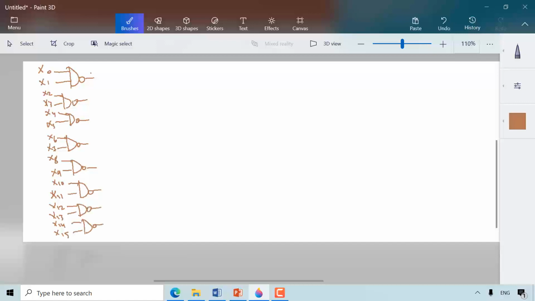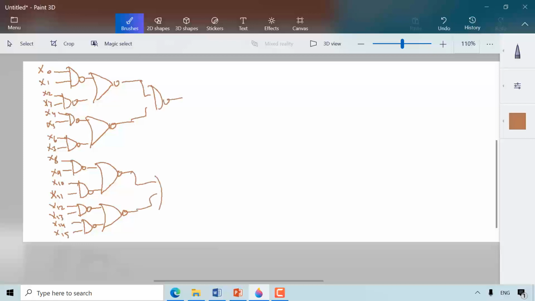Followed by a NOR gate, a NOR gate, a NOR gate, a NOR gate, followed by a NAND gate, and followed by a NOR gate. So this is one implementation.